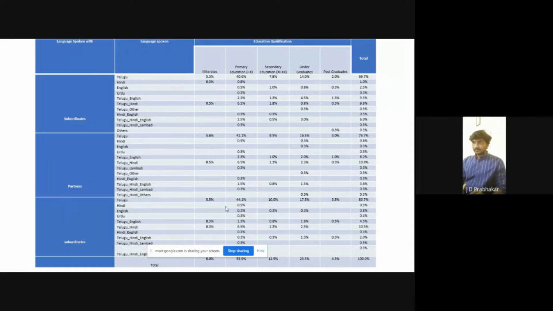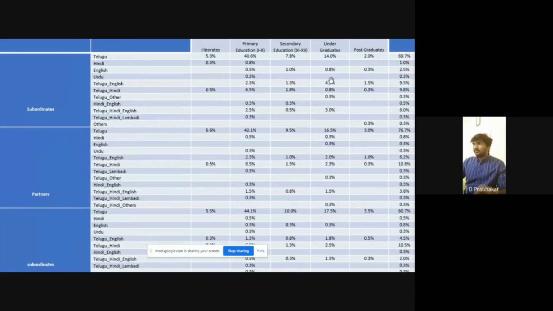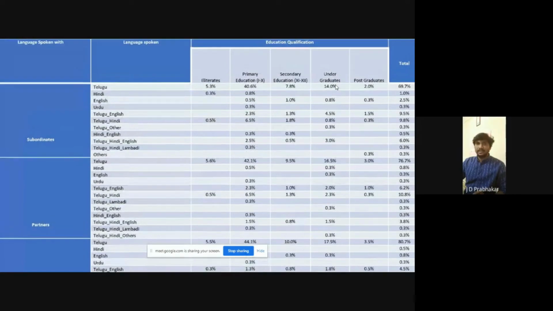Okay, and the choice of language is also associated with the literacy rate. People who are educated, post-graduation, whoever did their post-graduation, they use very less English.